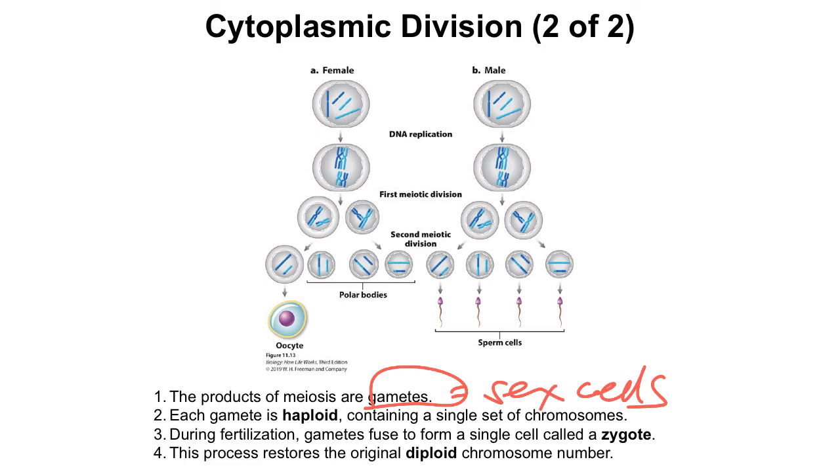Each gamete is haploid, containing a single set of chromosomes, and during fertilization, gametes fuse to form a single cell called, a new term, a zygote. This process therefore restores the original diploid chromosome number. So this explains the establishment and maintenance of a diploid state in sexually reproducing organisms because of the interplay between meiosis and fertilization.